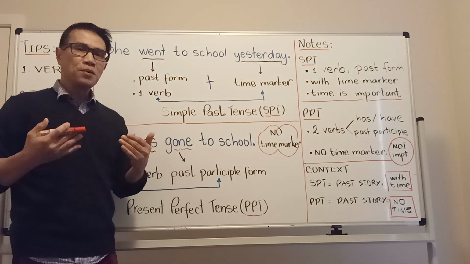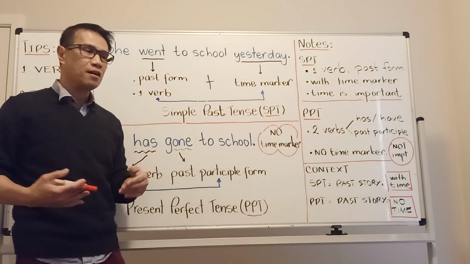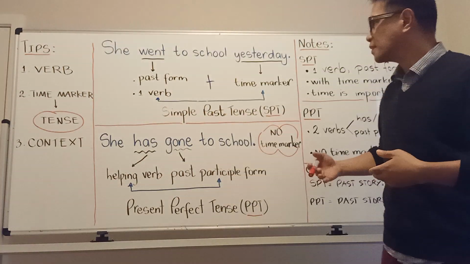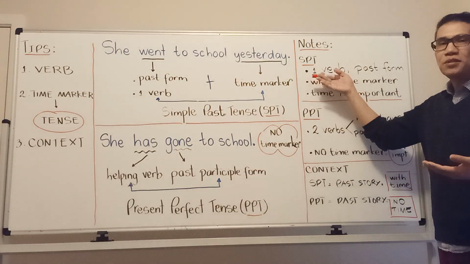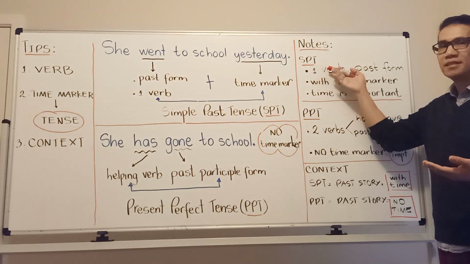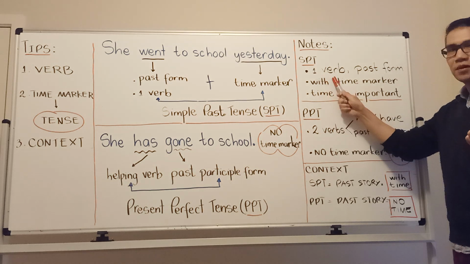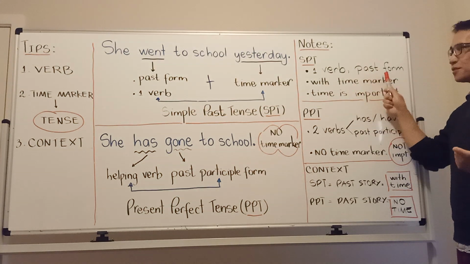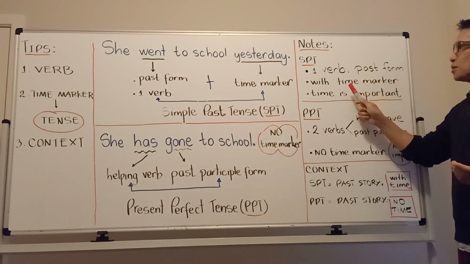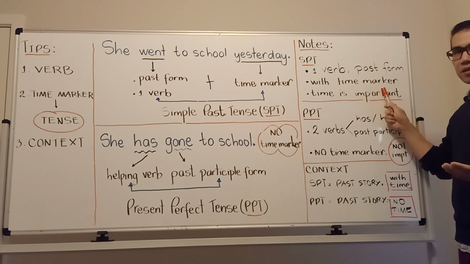Let us review what we have talked about so far. How do you use simple past tense? In simple past tense, use one verb in the past form with time marker.